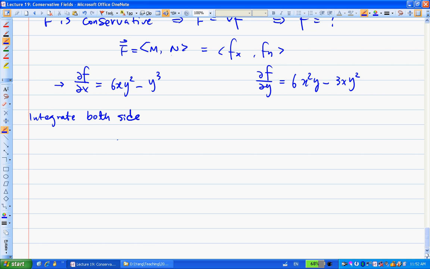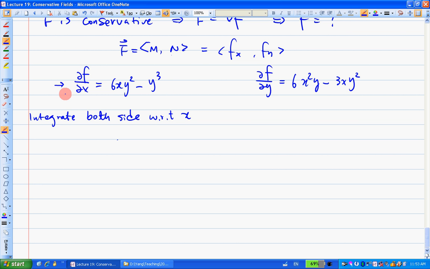But you need to know that when you integrate both sides here, you're integrating with respect to x, not y. So when you integrate with respect to x, you consider y as a constant. Is that good? So when you integrate, you move this dx to the other side.